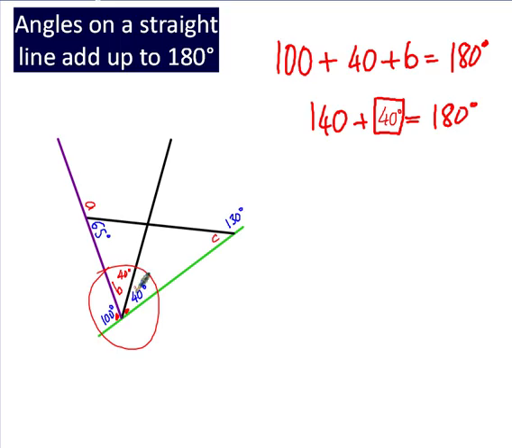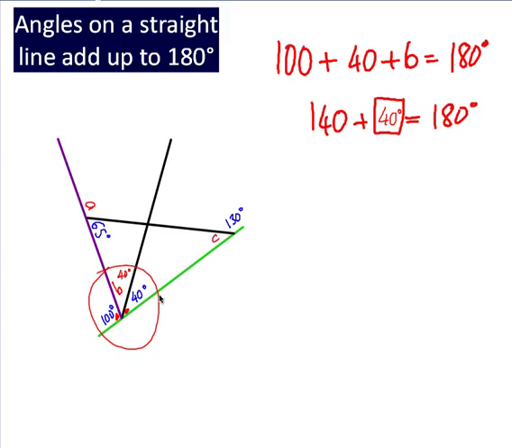That's not intentional, that doesn't always happen. It's literally just the way that these two numbers worked out meant this one was 40. This could have been something very different had these two been different. Okay, so what you would say, in terms of justifying it to the examiner, is that B equals 40 degrees because 100, B and 40 degrees lie on a straight line, and angles on a straight line add up to 180 degrees.